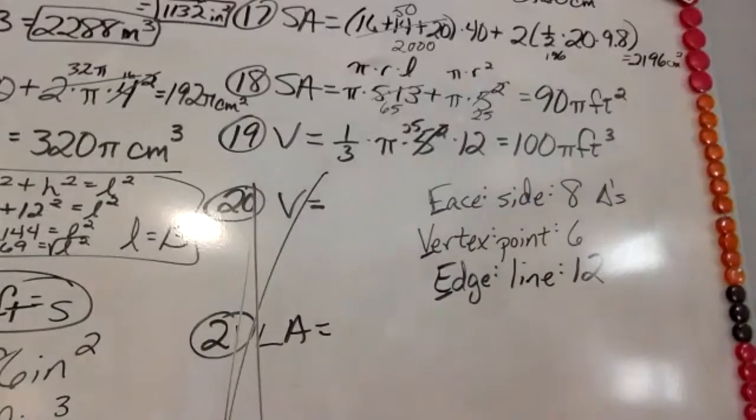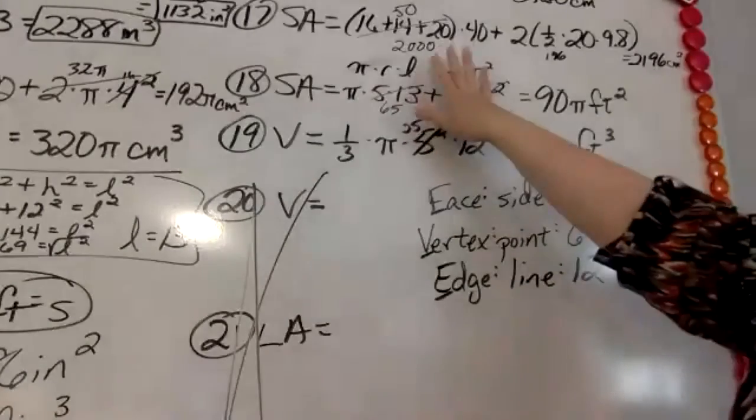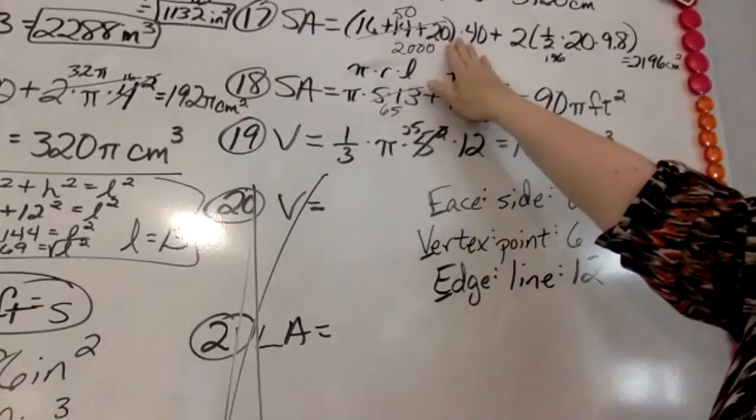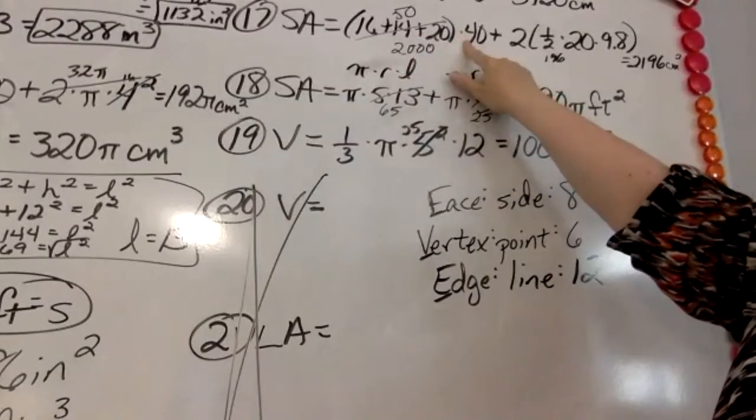Now something else that you had on number 2 is it is wanting you to find your lateral area, your surface area, and your volume. These are similar to the work that we did on number 17. We found the lateral area by taking the perimeter of the triangle times the height.